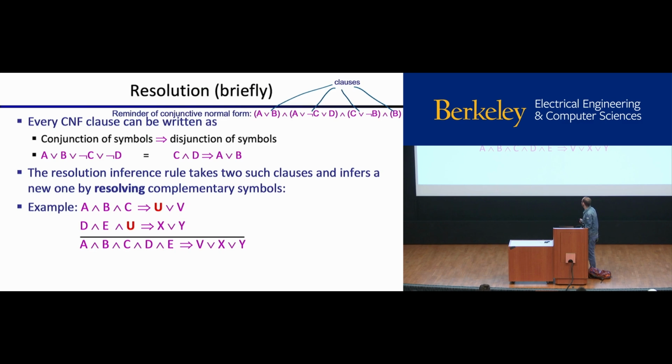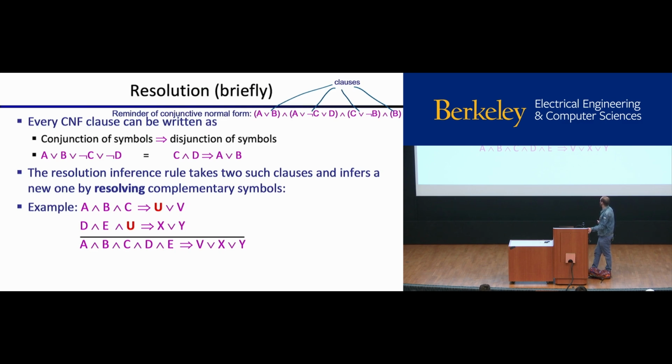If these sentences are true, this one will be true. So we haven't done any assignments of values to variables, but we've written new knowledge. If this is true and this is true, then this has to be true.